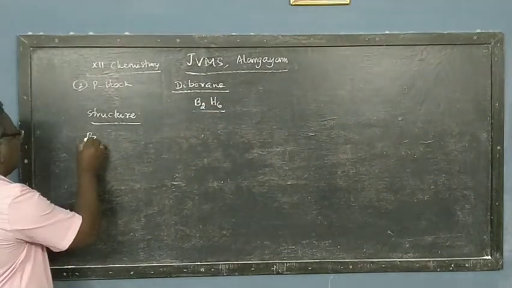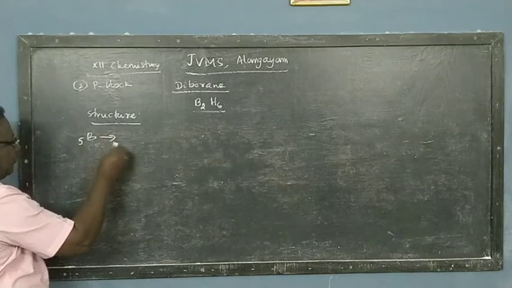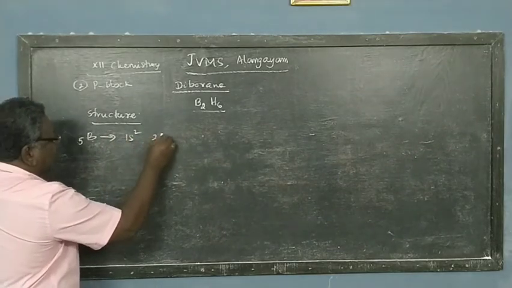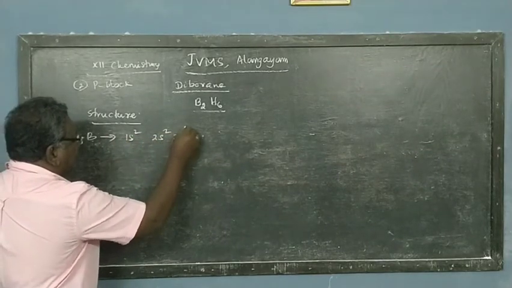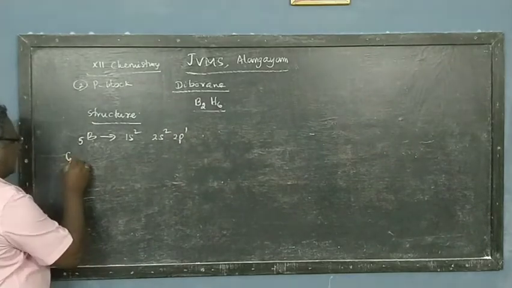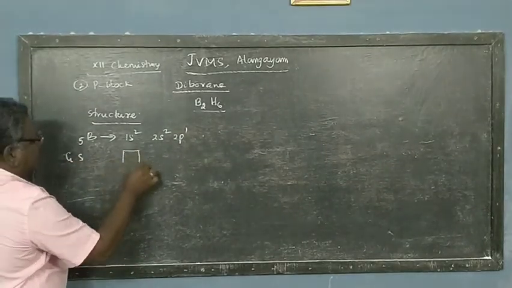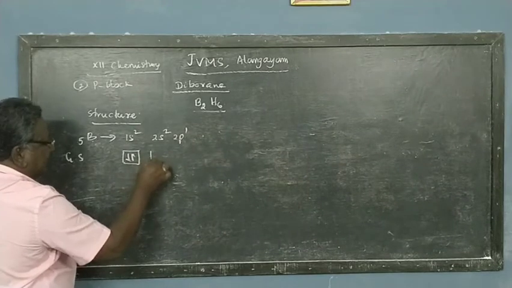We know the electronic configuration of boron. It is 1s2, 2s2, 2p1. In the ground state, it has this particular electron arrangement.